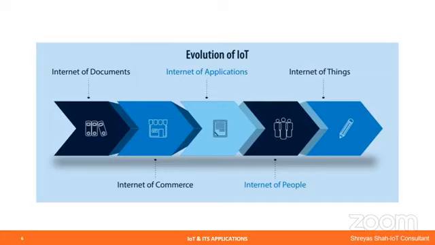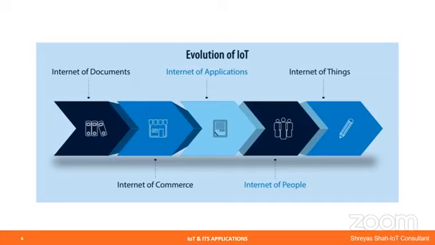Then came the internet of applications, in the early 2000s, nearly 2007 or 2008. After that multiple applications were developed, web-based or mobile applications, and the software era was transitioning. From this it moved to the internet of people.